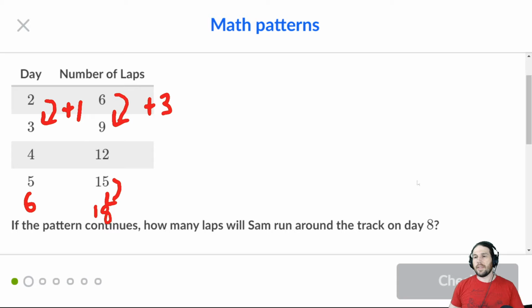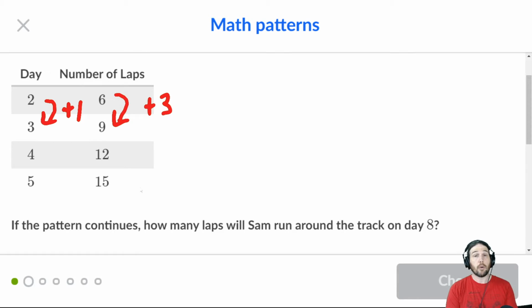So again, this is learning how to recognize patterns and then extend them. And because the students are still very young at this point, you're going to want to focus on the small things. Focus on how the number of days is going up, and focus on how they're adding 3 every time.